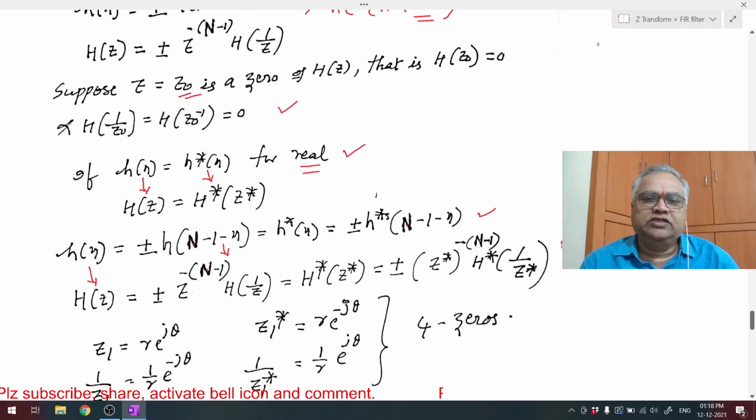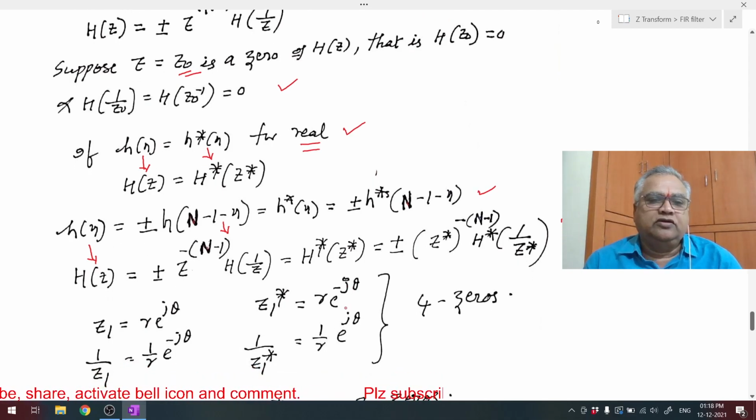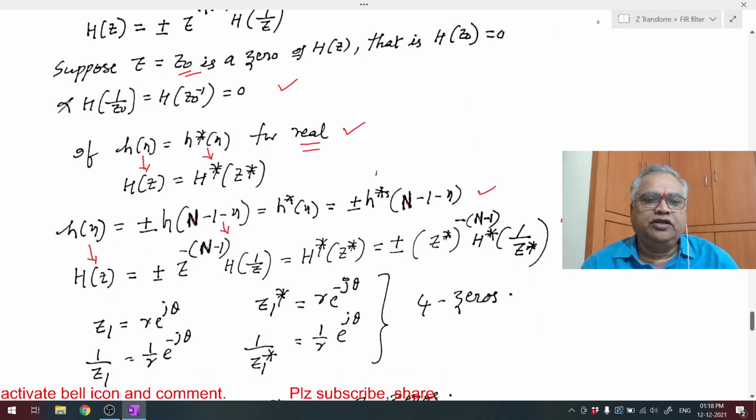So once this is clear, if there is a 0 at Z1 equal to R e power j theta, this is one possible 0, then its complex conjugate, because H of Z equal to here Z star also there now. So Z1 star. What is Z1 star? R e power minus j theta.